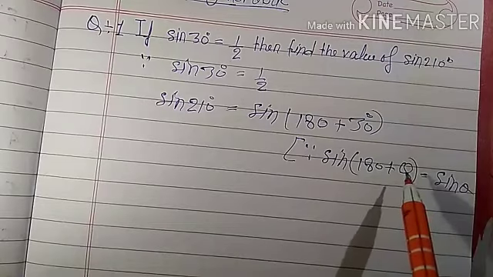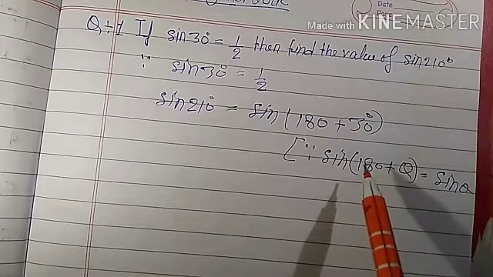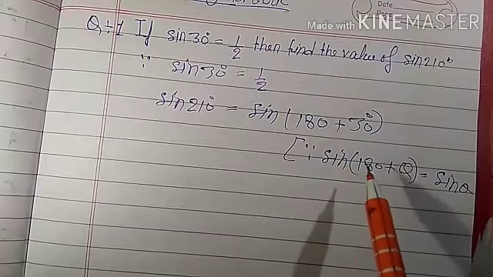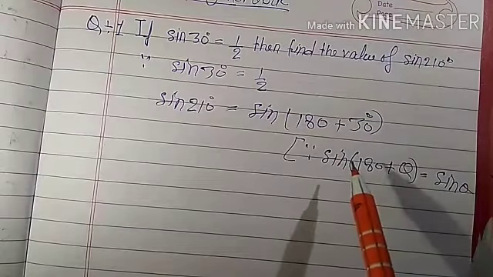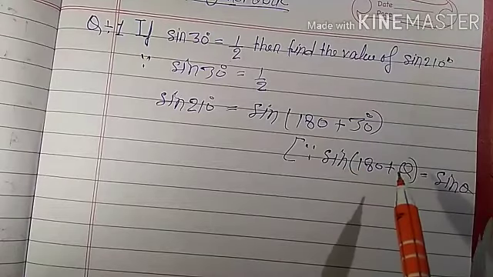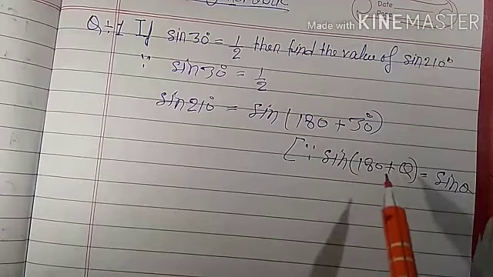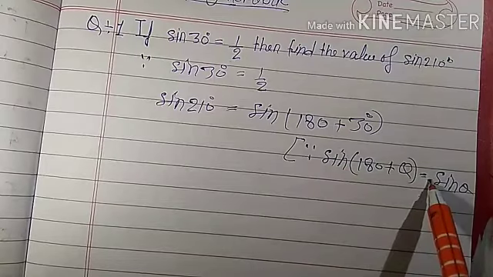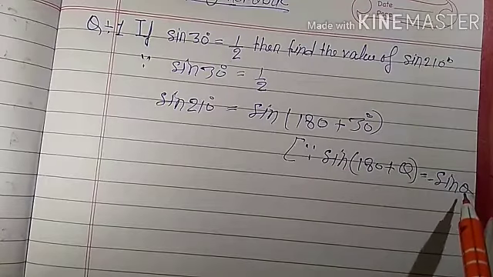With 180 plus theta, the angle is in the third quadrant, and in the third quadrant only tan theta and cot theta are positive and the 4 other functions are negative. That is, sin theta is negative, so minus sin theta.